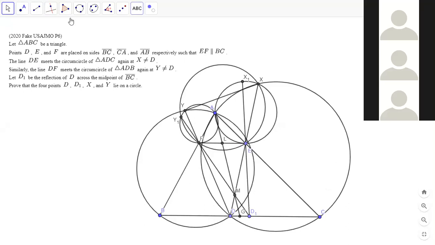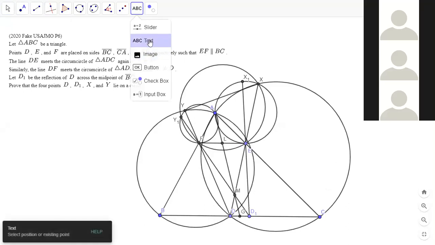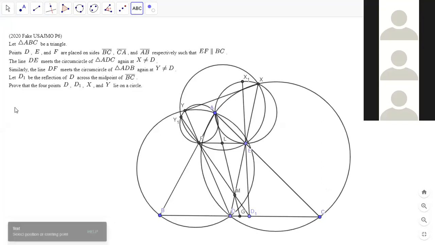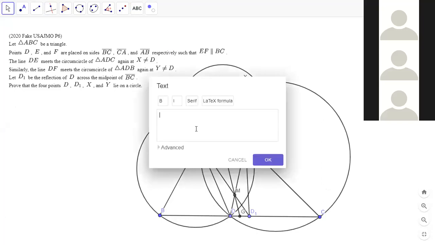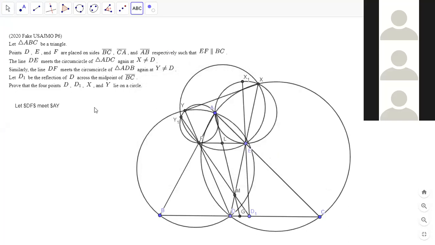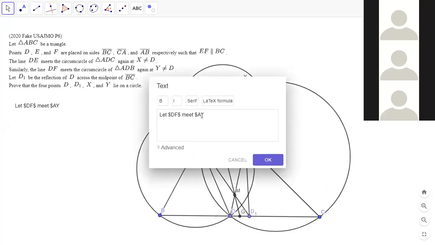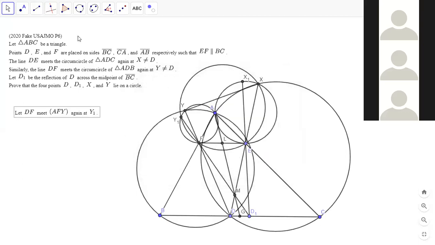So let DF meet the circumcircle of AFY at Y1. I'll just say define X1 similarly.